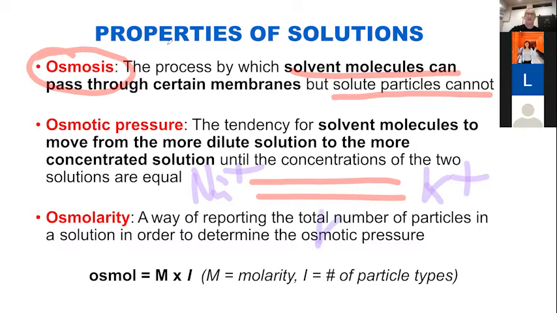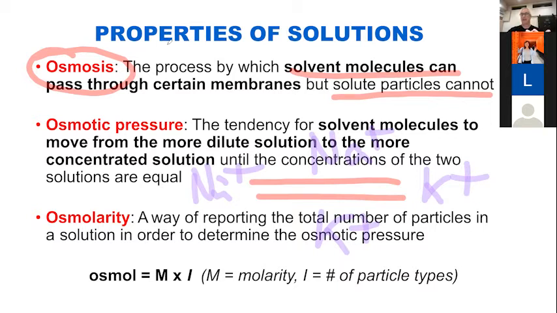Potassium is kept inside the cell and sodium is kept outside the cell. And there are actually special proteins, receptors on the surface of the membrane that actively pump sodium out and potassium in.